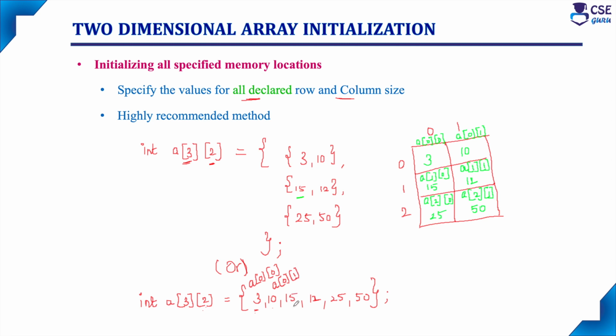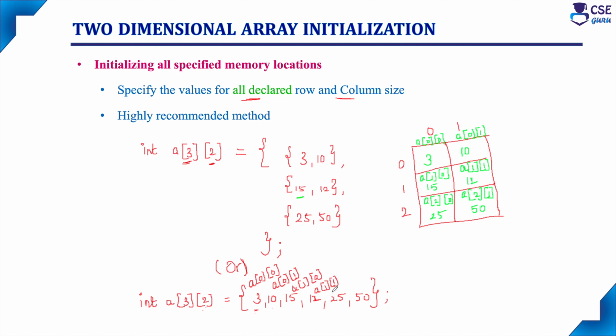For the next index, it will increment the column, but if the column is incremented, it will exceed the declared size here. So the column size will fail, and it will move to the next row. The row index will get incremented, so a of 1 and the column is 0. Similarly, this is a of 1, 1.